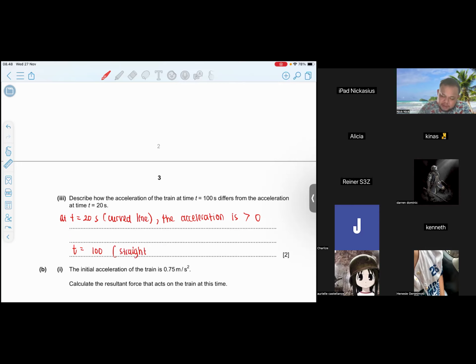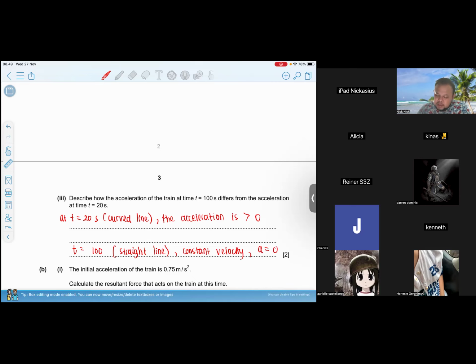A straight line indicates constant velocity. If constant velocity, acceleration is zero.